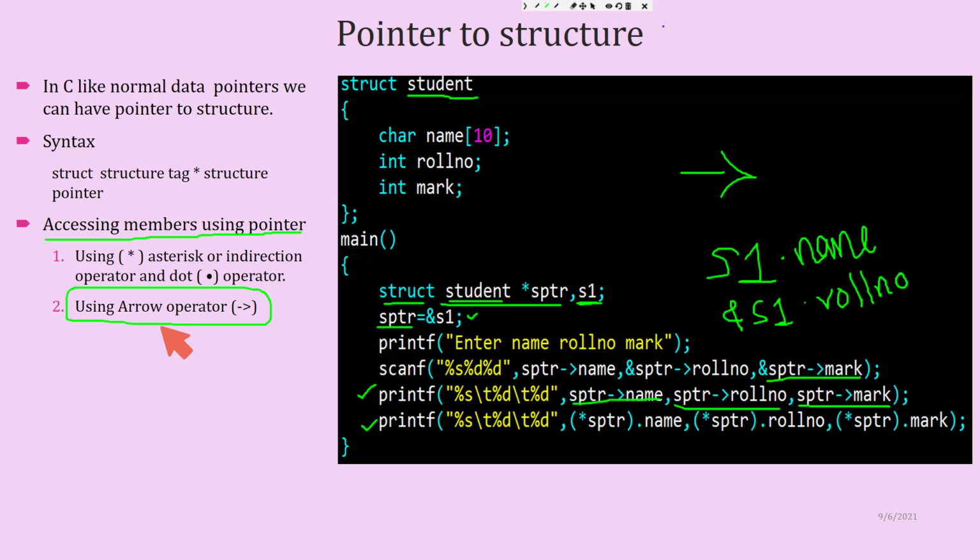So there are two methods to access members using pointer. One is using arrow operator that we have discussed. Another one is using star. Star means asterisk operator, also called indirection operator or dereference operator, which we already studied. So using star and dot.